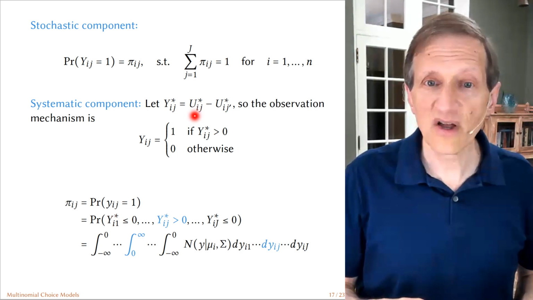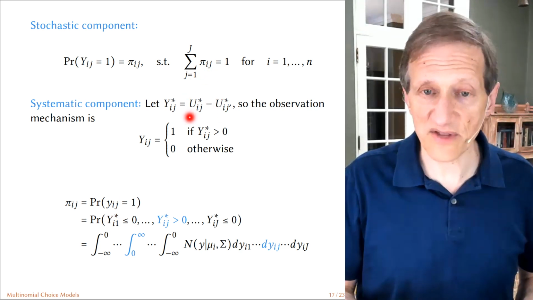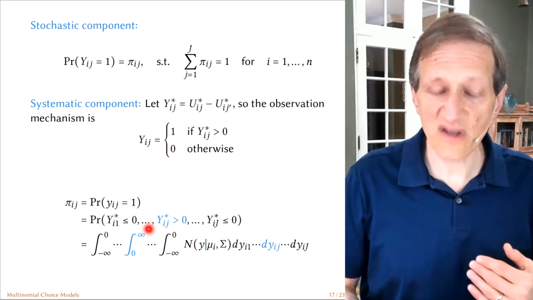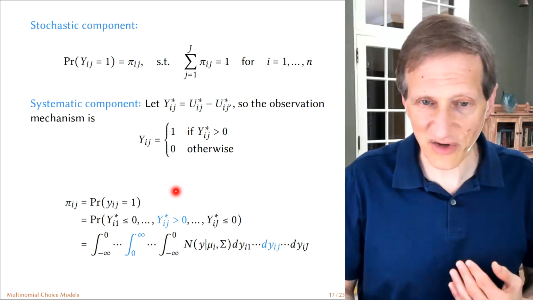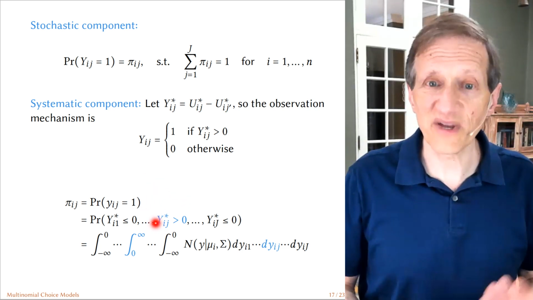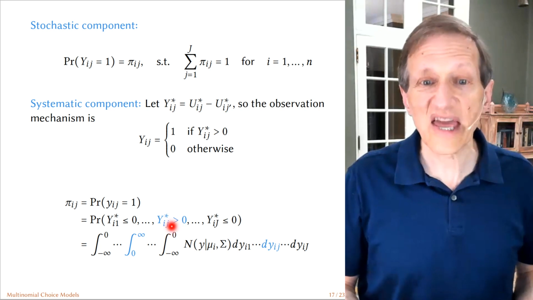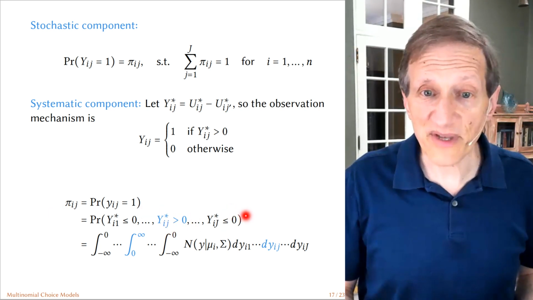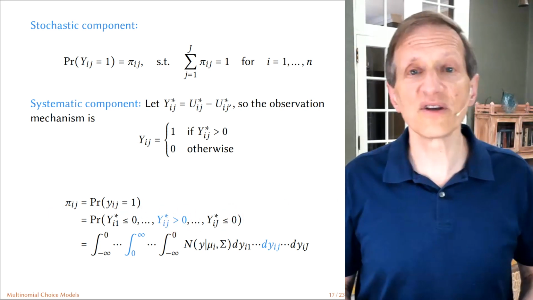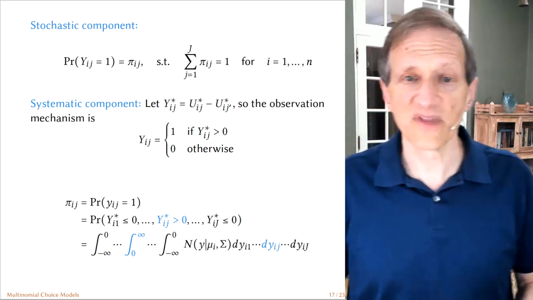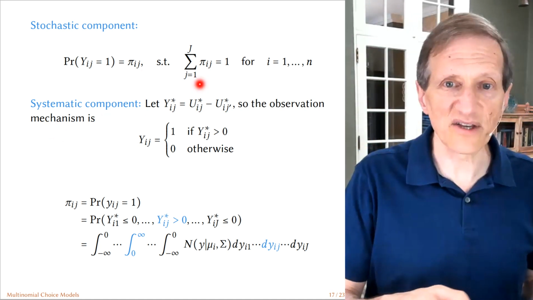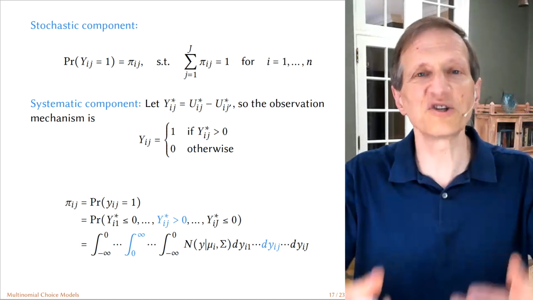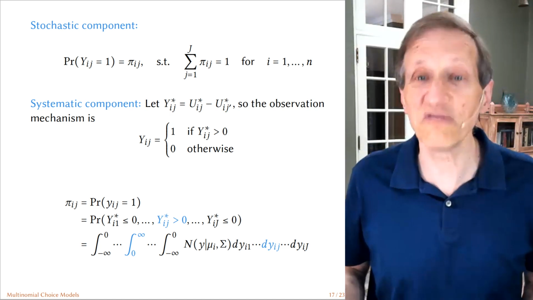To get from one of the U's being higher than all the others, we take that down to the biology interpretation and have one of the Y stars being the one that's greater than 0. How do we get that? Well, this probability is calculated from the stochastic component, not here, but where this is derived from, which is the distribution of the utilities, which is multivariate normal.